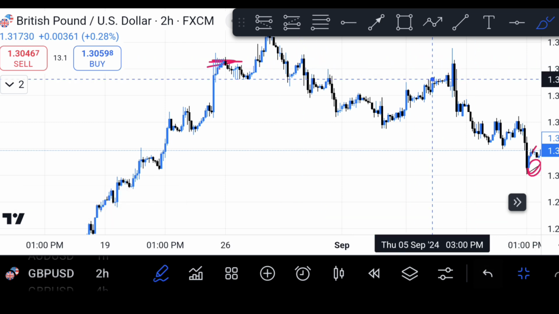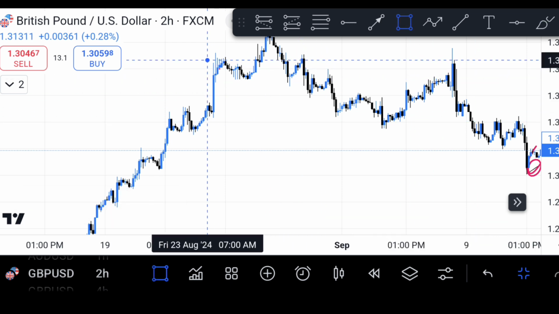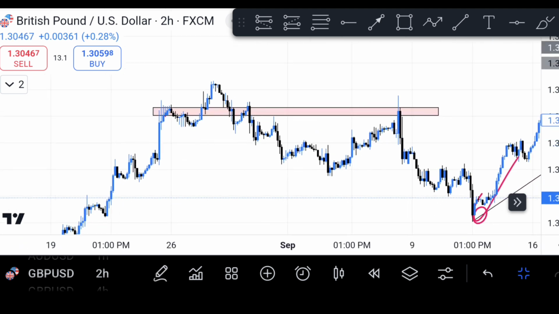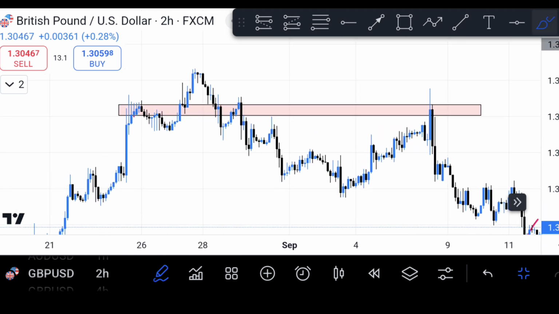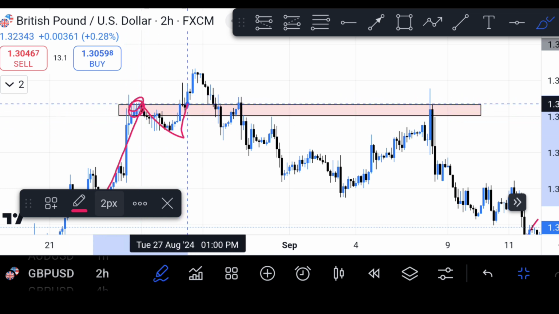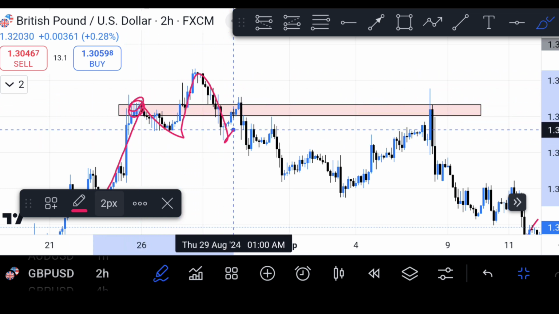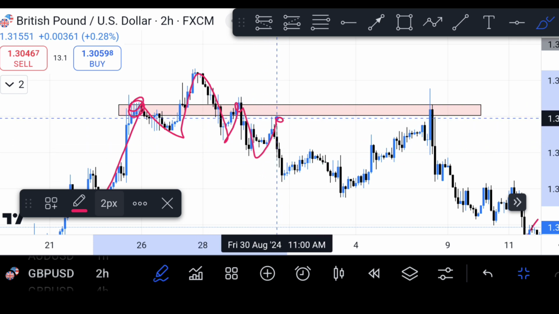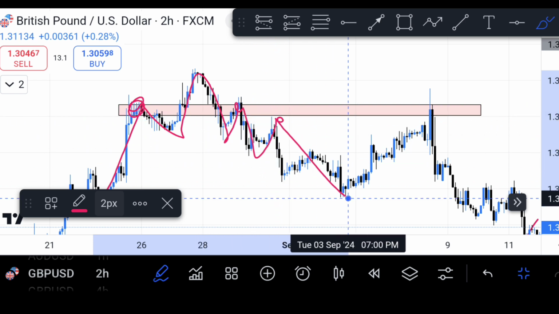So we draw our key zone around that place. When price pushed into the zone, there was a reaction, it pushed the downside, price pushed up, broke the zone, retested the zone, pushed the downside again, came up to the zone a little, pushed the downside, and now price retraced into the zone.